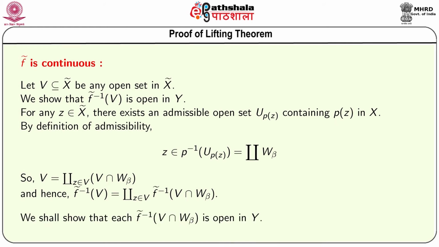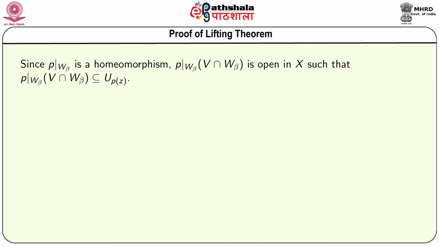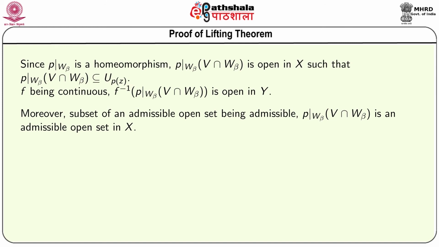We shall show that each F tilde inverse of V intersection W beta is open in Y. Since P restricted to W beta is a homeomorphism, P restricted to W beta will take V intersection W beta to an open set in X such that it is contained in U. F being continuous, F inverse of that set is open in Y. Moreover, a subset of an admissible open set is admissible.